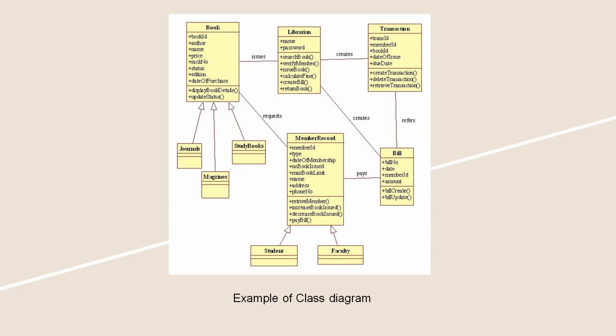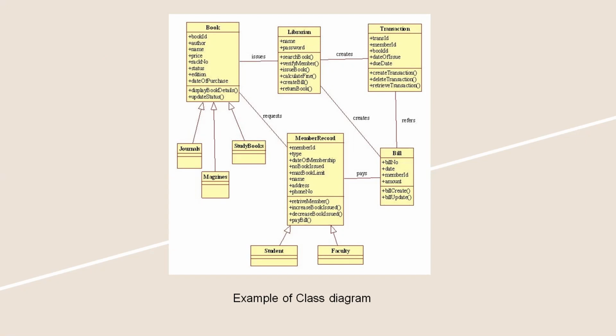We can see in the book class that it contains two types of operations: display book details and update status. So this one block completes three types of information: class name, attributes, and operations. So it creates a class diagram like this.